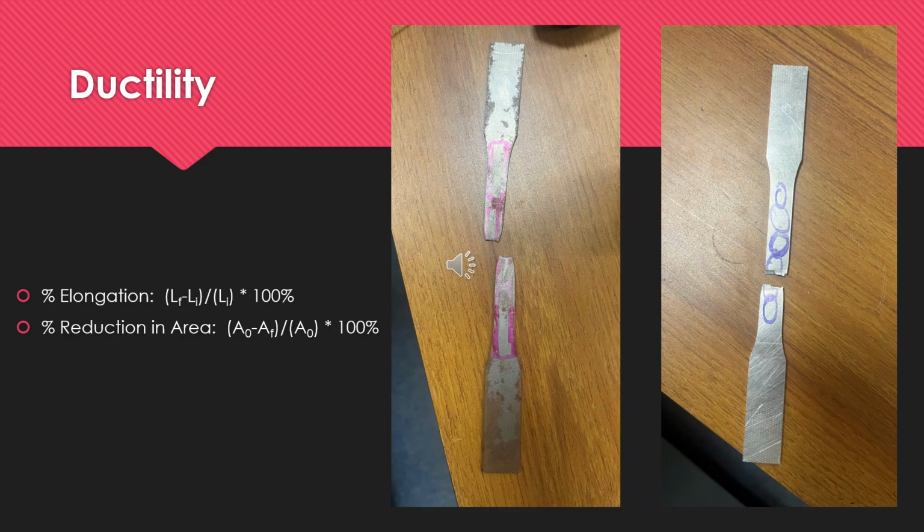As the length of the material increased, the cross-sectional area decreases and it gets weaker and weaker until it fractures. The materials with high percentages in elongation and reduction in area are more ductile, as in the case of the steel.